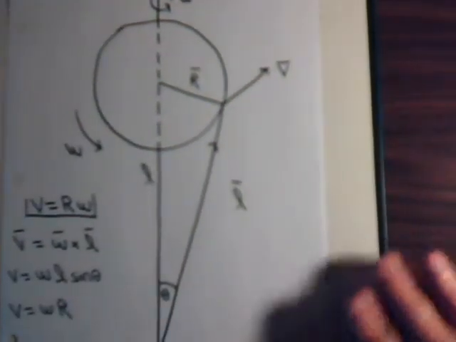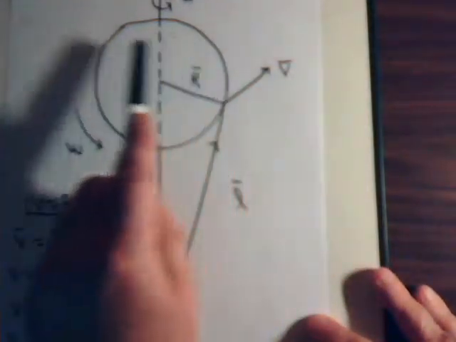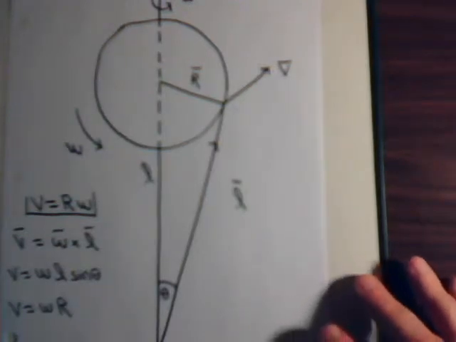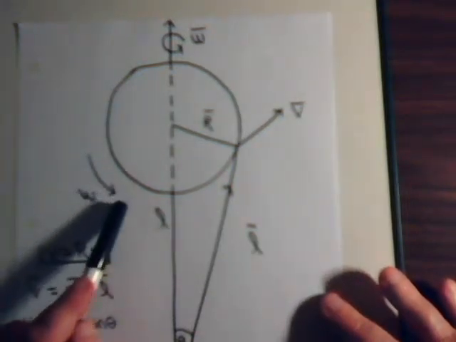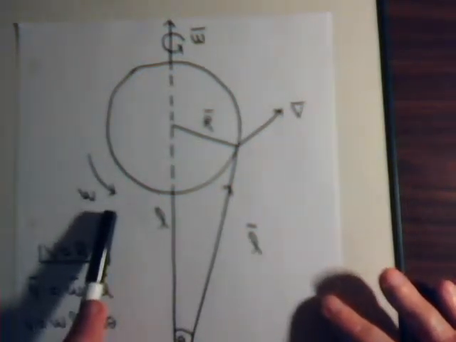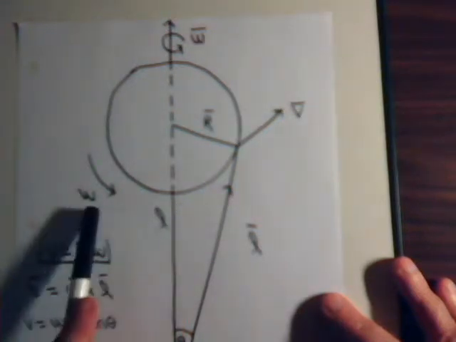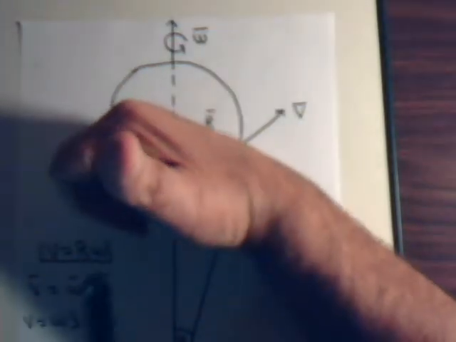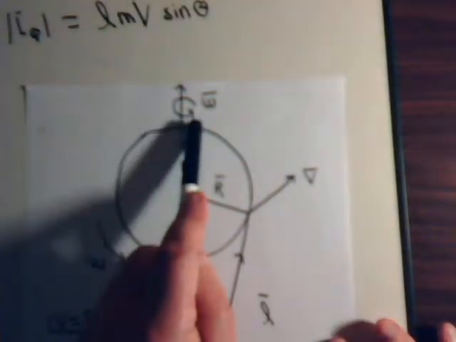Then we have some point back here, and from this point it always goes out to some point on the circle, of length L. If the particle is going around the circle with an angular velocity in this direction, that angular velocity also is a vector, and the direction of that vector is found by wrapping our fingers in the direction of the angular velocity. It's wrapping around like this, so the angular velocity vector points upward, which we have indicated like this.